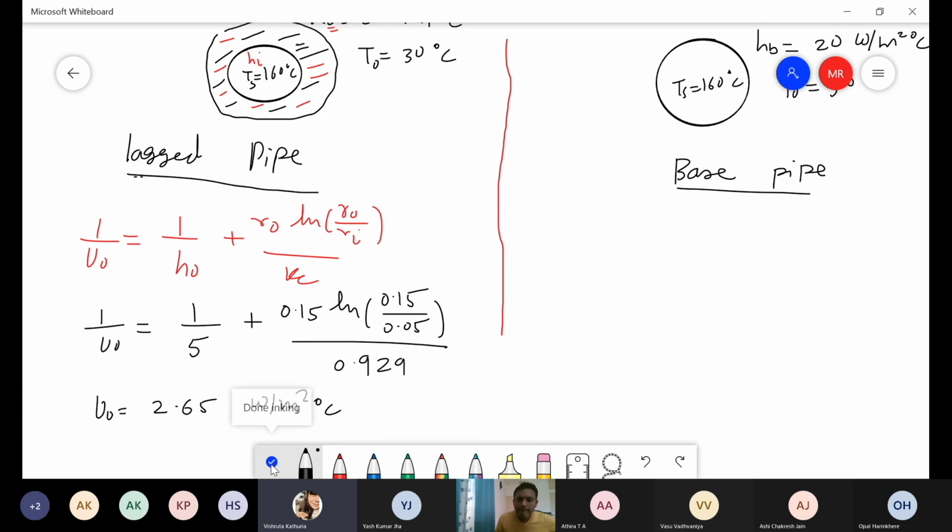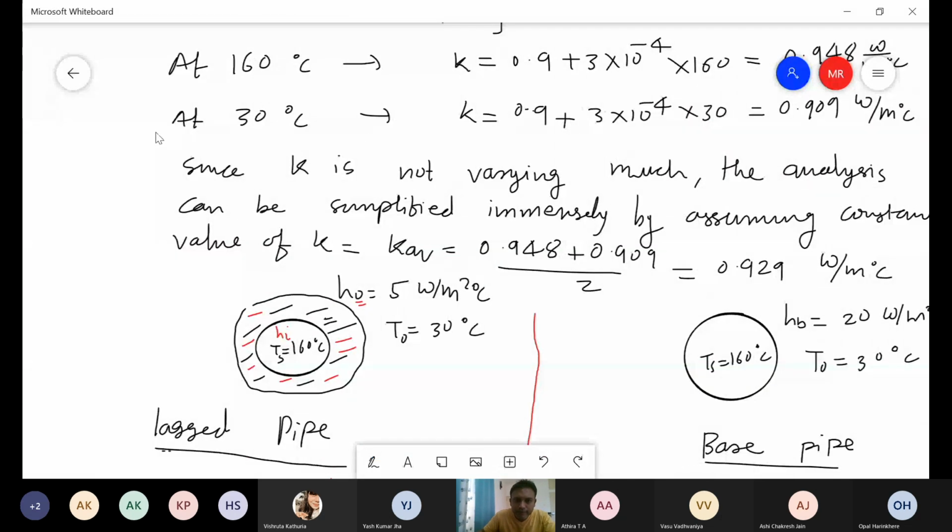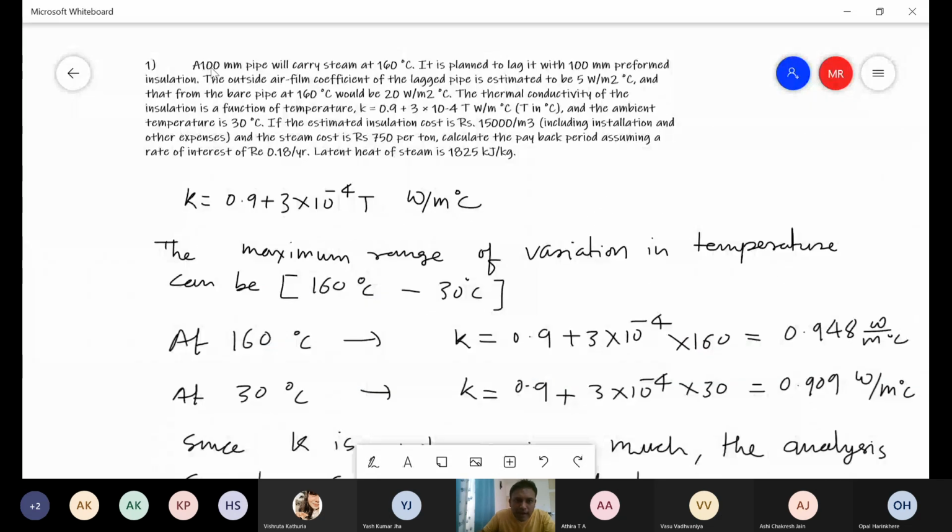So can you please repeat how we got 0.15? That is the question. Okay, what is the value of the radius? What is the information given in the problem? Let us go up in the problem statement. 100 mm pipe is given. So this 100 mm is nothing but the diameter of the pipe. So what will be the radius? Inside radius? All right, so we got 0.05 meter.